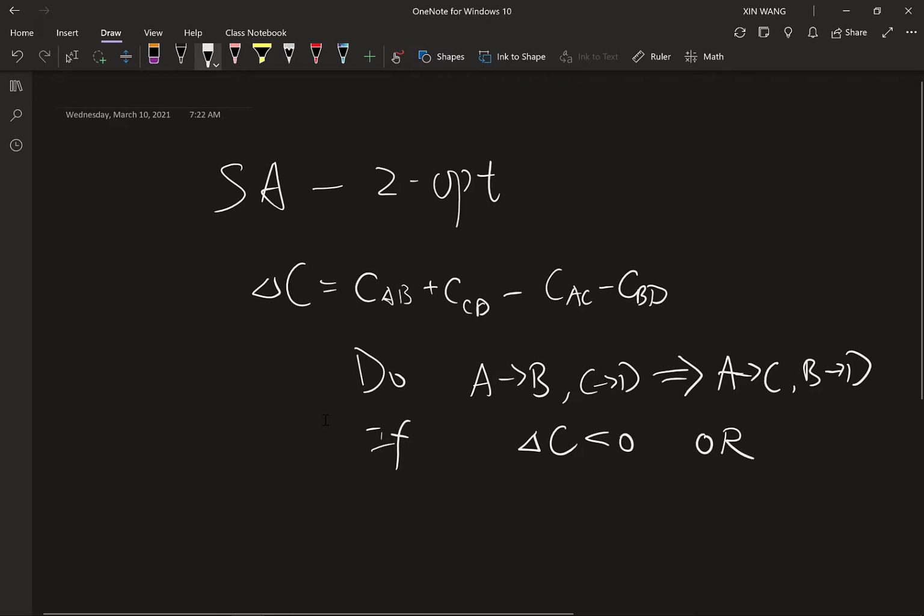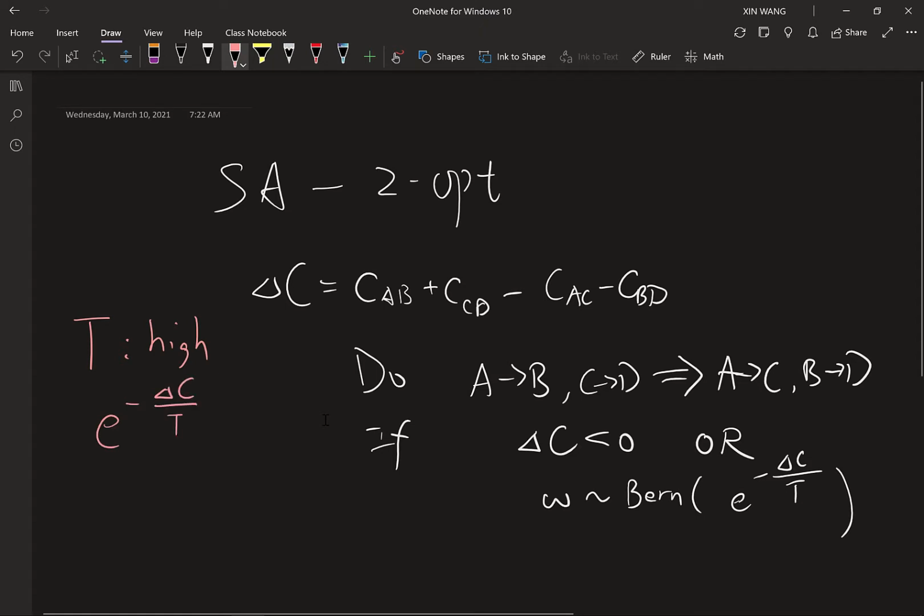The probability that we allow the jump is calculated based on the temperature. We have a Bernoulli distribution, and the probability that we accept is given by the exponential of the cost difference divided by the temperature T. The physical meaning is simple. When the T value is high, meaning the temperature is high, the probability is relatively large, so you have a higher chance of accepting the jump.